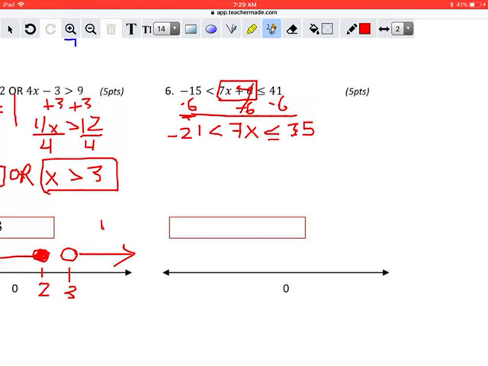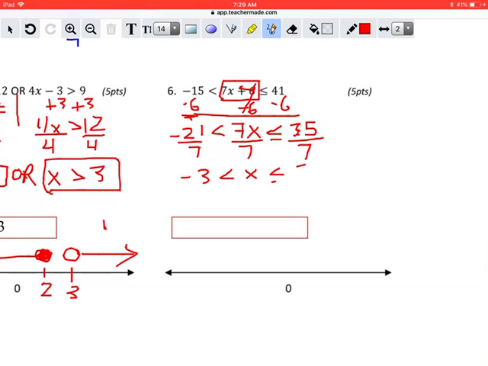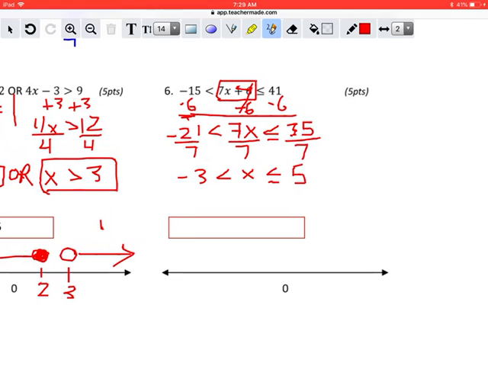Okay, so now I divide by 7, but I got to divide 7 all 3 spots. So that's negative 3 less than x now less than or equal to 5. So what that says is that x is between those 2 spots.